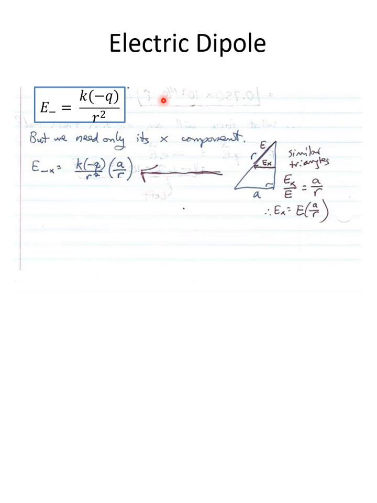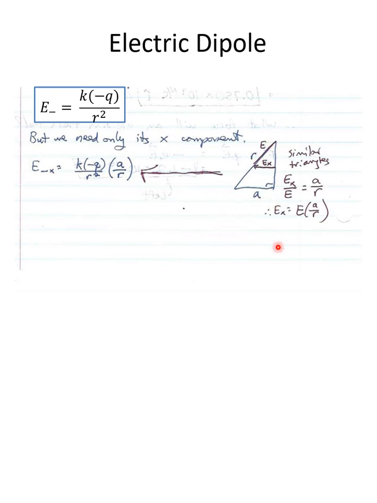We only need its x component. With a little bit of similar triangles here, there is the electric field vector, and there's the distance r. On my previous picture, here was the charge, and here was the y-axis. With similar triangles, if I want to know the x component of that electric field, the x component of E divided by E is equal to a over r.